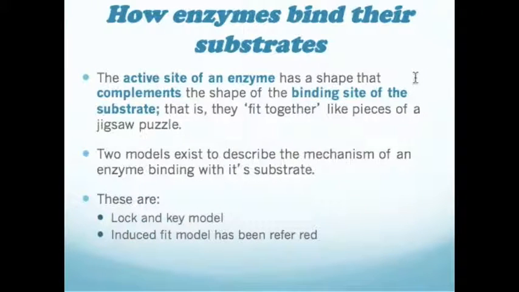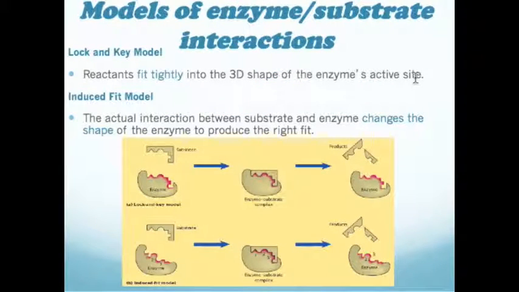So how do enzymes bind with their substrates? They bind the active site of the enzyme and the substrate through two theories. The current theories are the lock and key model and the induced fit model. With the lock and key model, it's pretty much self-explanatory. The enzyme has an active site that exactly fits the shape of the substrate.